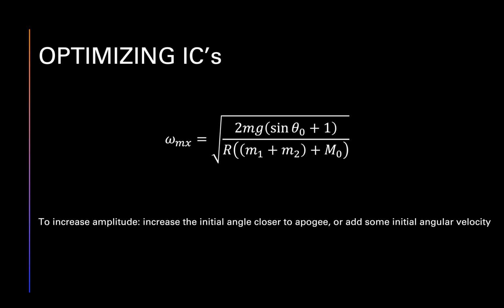This equation was derived using some pretty simple energy manipulation. Since we know that the energy in the system is conserved, we can set the potential energy at its maximum, and then when the bob is at the bottom, we know that potential energy is equal to 0 there, and we can use that to solve for kinetic energy, which is what you get when you do all of that.